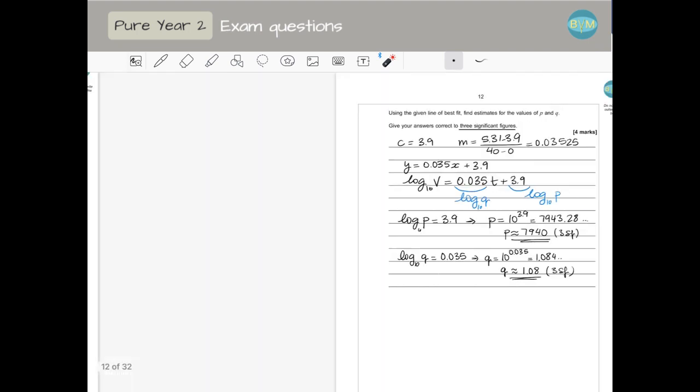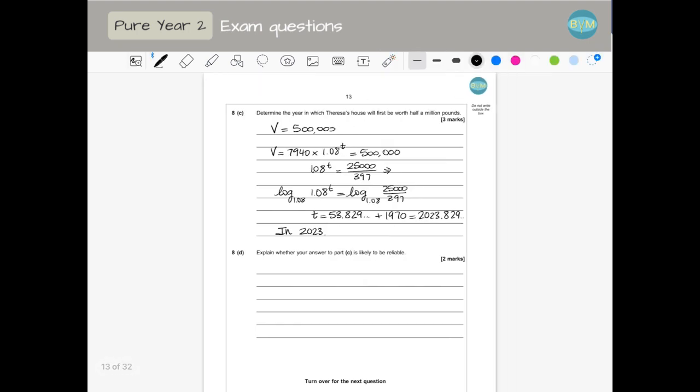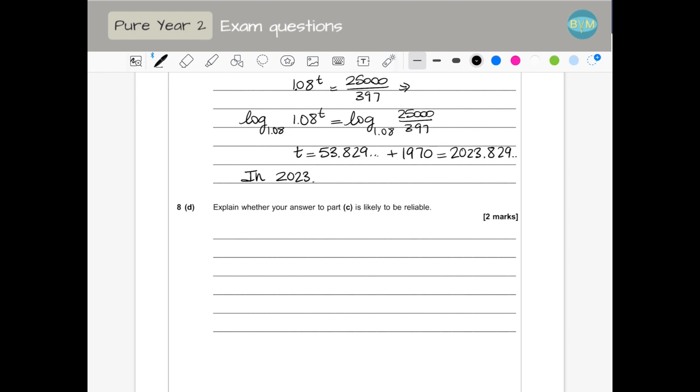So one of the things that you can say is that it is extrapolation, and extrapolation is not very reliable. So we are extrapolating because we are out of the interval, after 2010, so not very reliable.